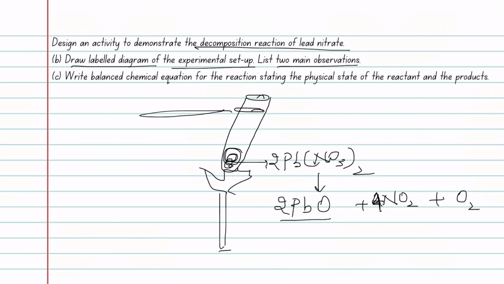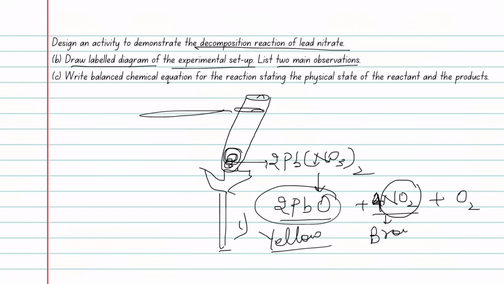The product that you get is lead oxide. Lead oxide is a yellow colored compound. That would be your first observation. Second observation is that you get nitrogen dioxide. It's a brown colored gas. Right? So that is your second observation. Now, physical state.